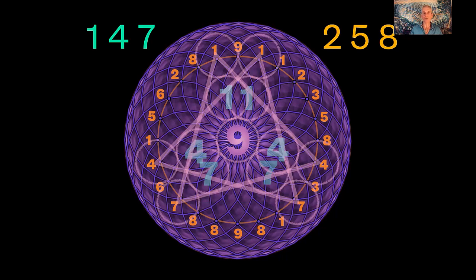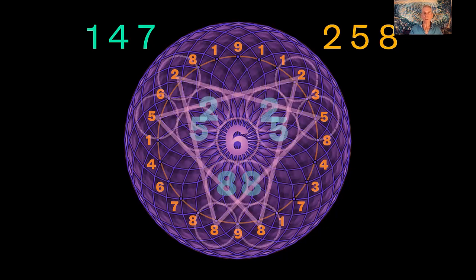We see two triangular figures that are represented by the number group 1, 4, and 7. And there's two of them, and they are bilaterally symmetrical. We also have two other triangular numeric groups represented by the 2, 5, and 8. Again, they are symmetrical as well, bilaterally speaking.